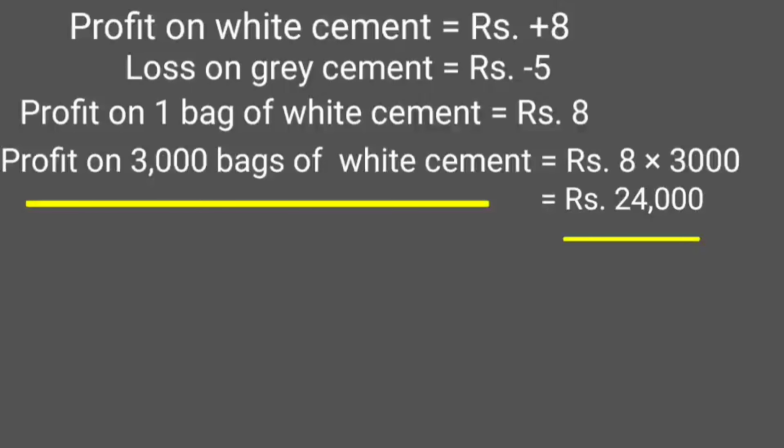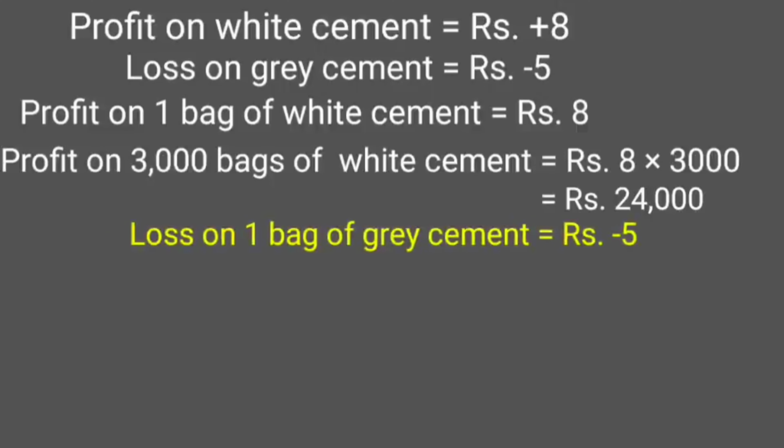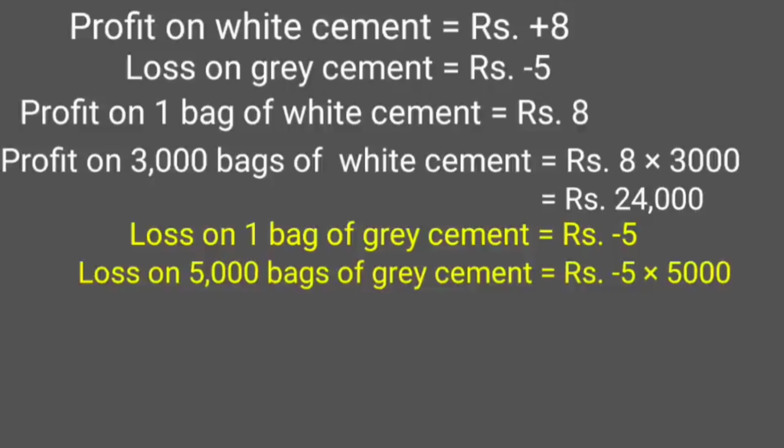Now find out the loss. Next statement, loss on one bag of grey cement is equal to rupees minus 5. Therefore, loss on 5000 bags of grey cement is equal to rupees minus 5 multiplied by 5000. So, 5000 into 5 is rupees minus 25,000.